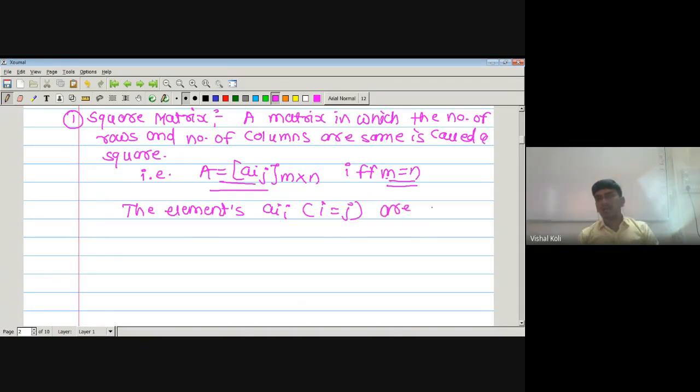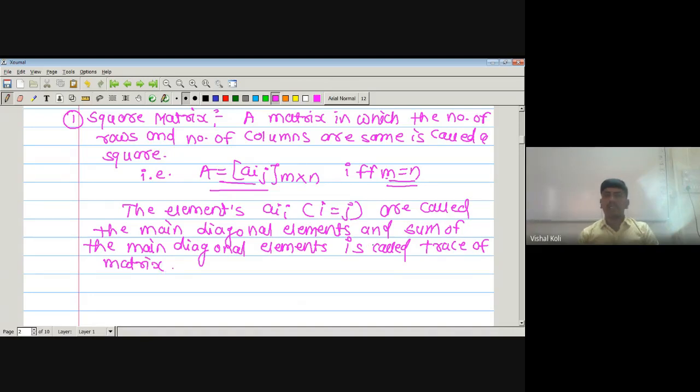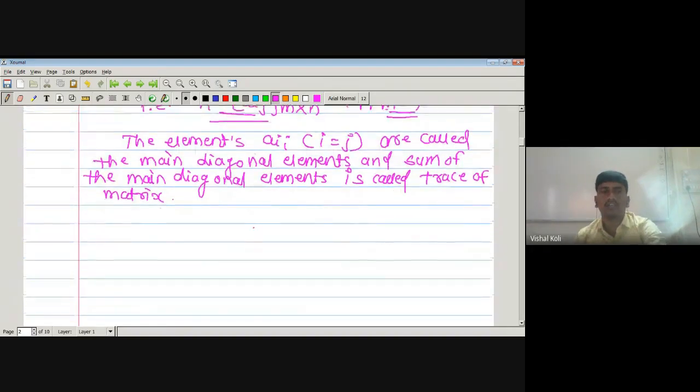The elements aii are called the main diagonal elements, and the sum of the main diagonal elements is called the trace of matrix A. So the elements aii are called the main diagonal elements, and the sum of these main diagonal elements is called the trace of the matrix A.